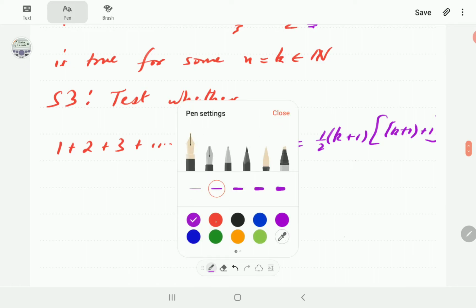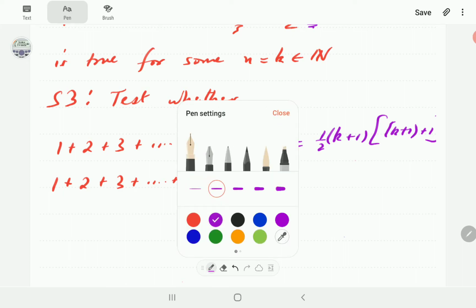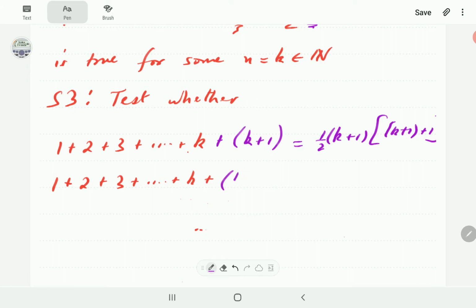So 1 plus 2 plus 3 plus ... plus k plus 1 is equal to 1/2 times (k plus 1) times (k plus 2), so that's k plus 1 plus 1.